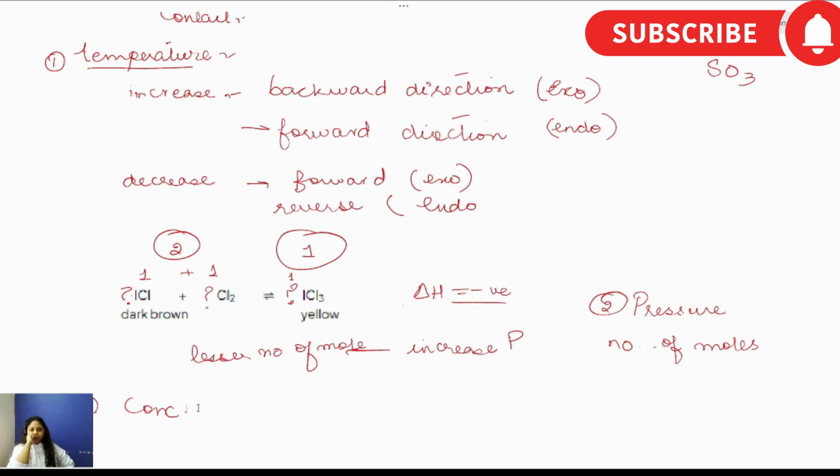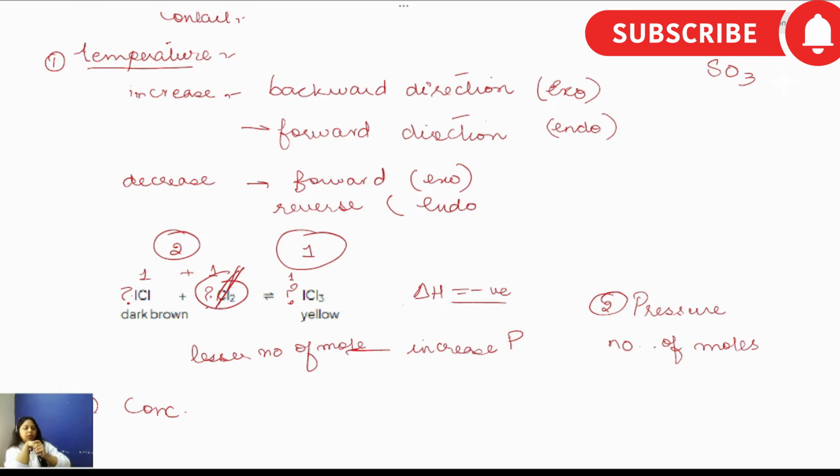I've taken it out of the system. It would move in the reverse direction to maintain the equilibrium so that there should be chlorine present in the system.